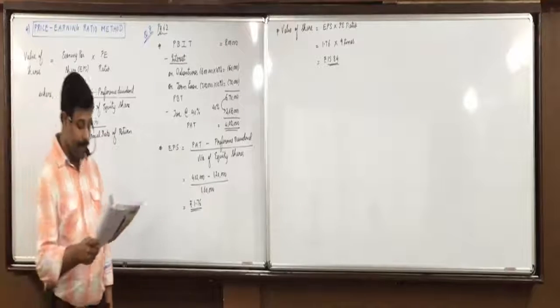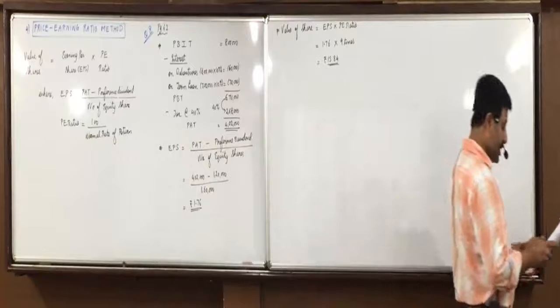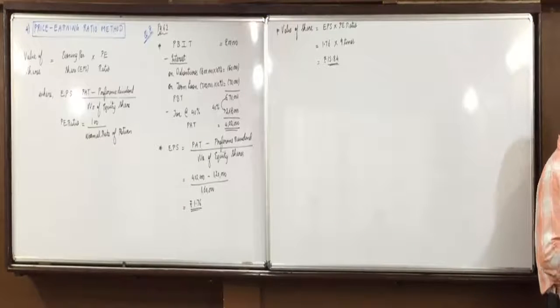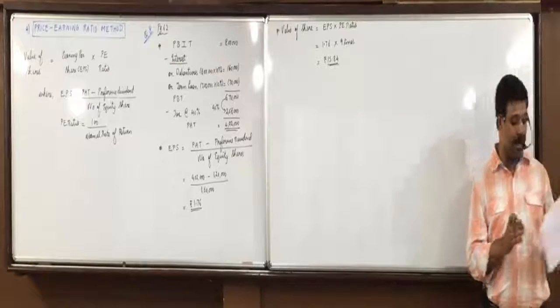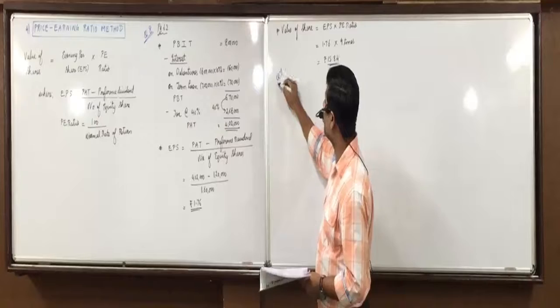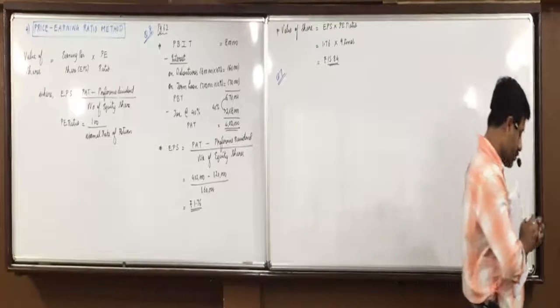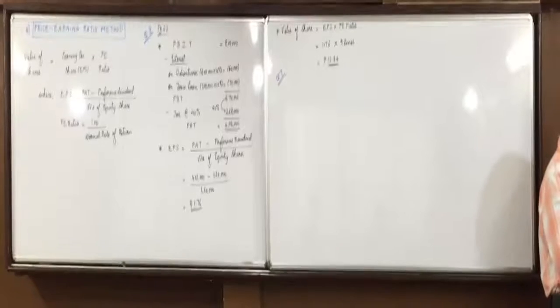Question number 7. A limited company has a paid up equity capital of rupees 8 lakhs. Face value rupees 10, paid up rupees 8 per share. So what would be the number of equity shares? 1 lakh. How do you get that? Would 8 lakhs be divided by 10 or by 8?